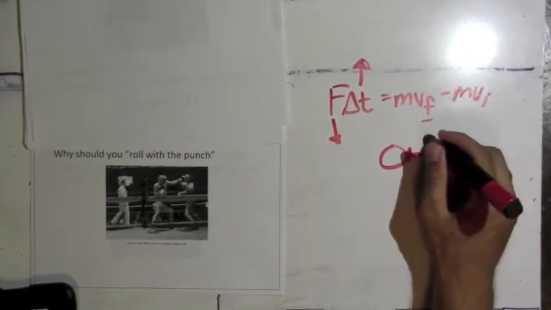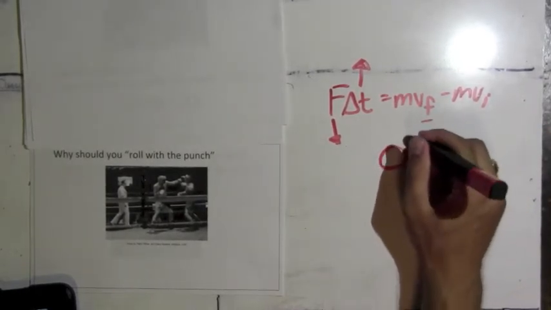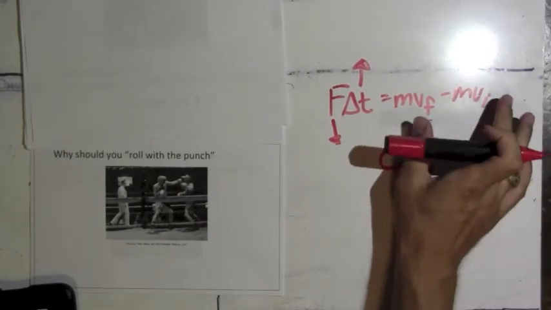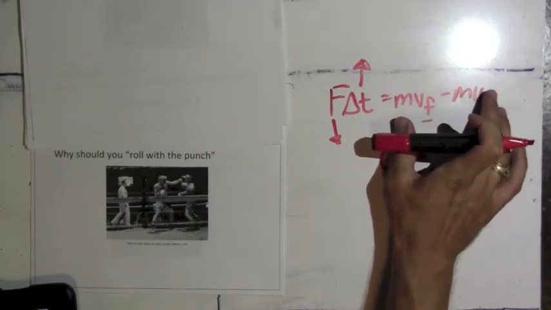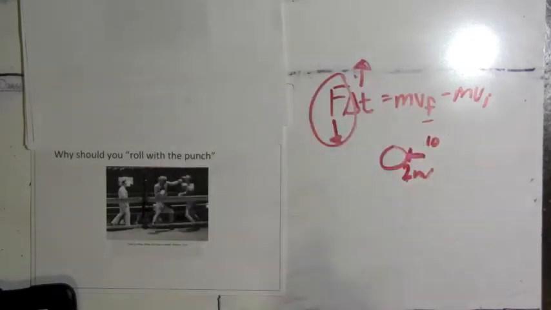If this is originally, say, 10 meters per second and comes to a stop, if you roll with it and move backwards, now it's moving at maybe 1 or 2 meters per second. It greatly reduces this. So not only are you reducing this side, but you're also increasing the contact time, and that has a dramatic impact in reducing the force.